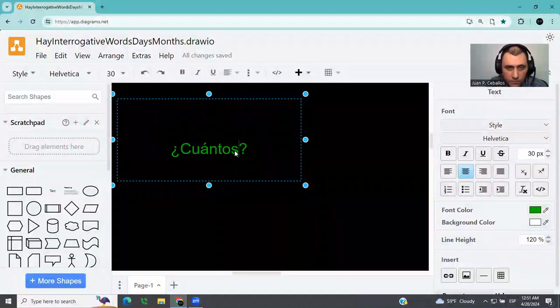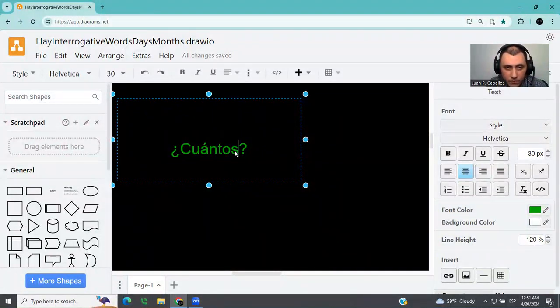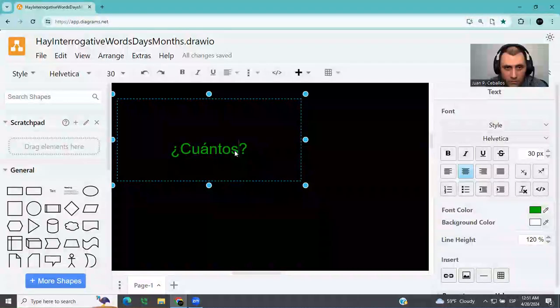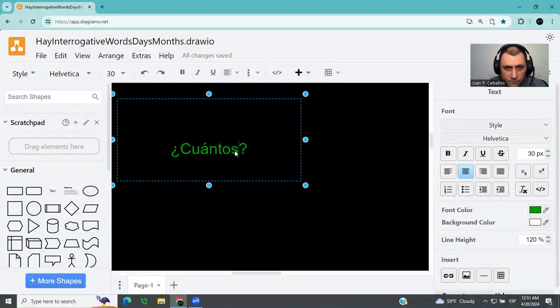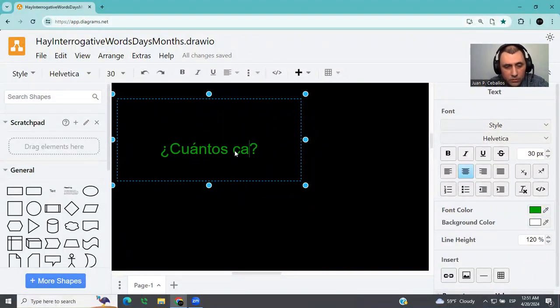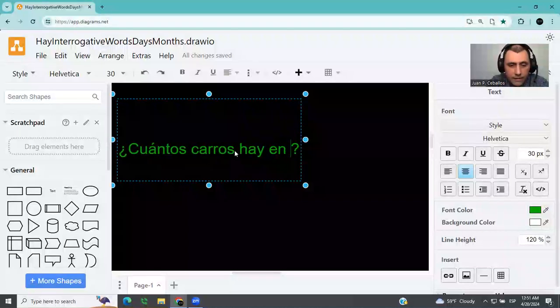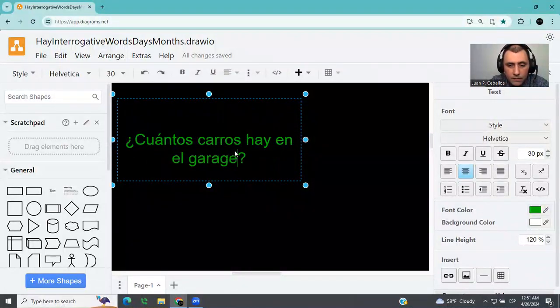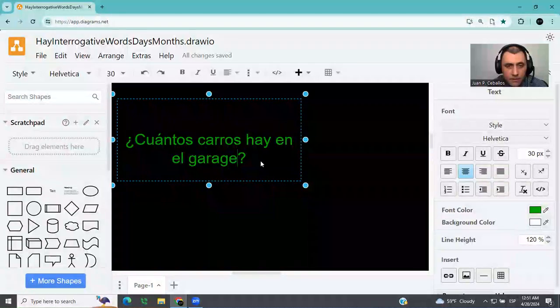So cuántos is used for things that are masculine. Example, ¿cuántos carros hay en el garaje? Okay. How many cars are there in the garage?